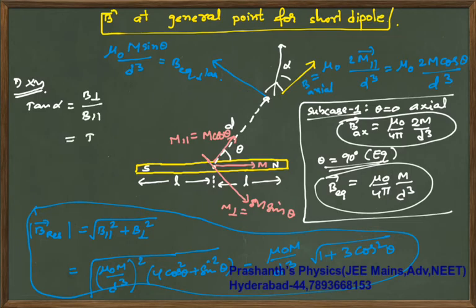So that will give you tan alpha is equal to tan theta by 2 if you substitute and simplify. Exactly similar to your electric dipole. Hope you have understood this, you have copied it down, and there are no doubts. If you have any doubts, just keep letting me know.